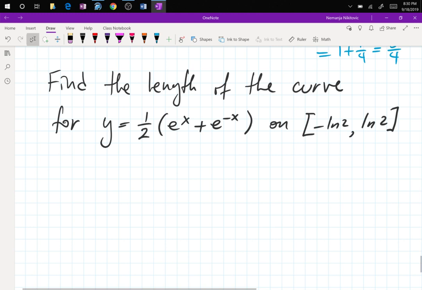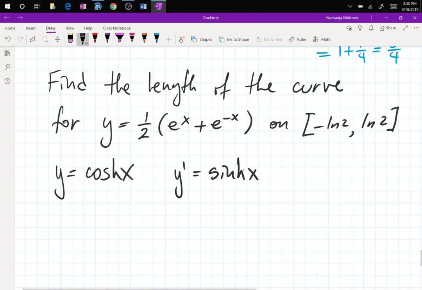So, what do we have? Nice one. Y is cosine hyperbolic x, because we just learned that. We need the y prime, which is sine hyperbolic x, because that is what goes into our equation.